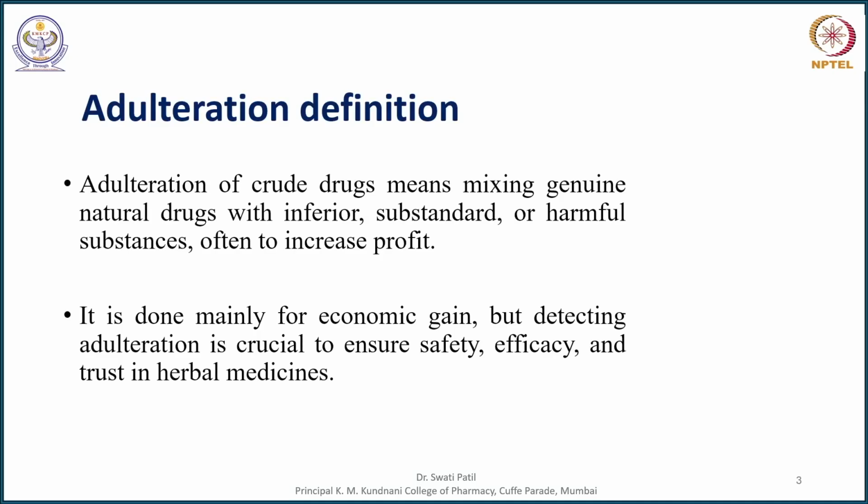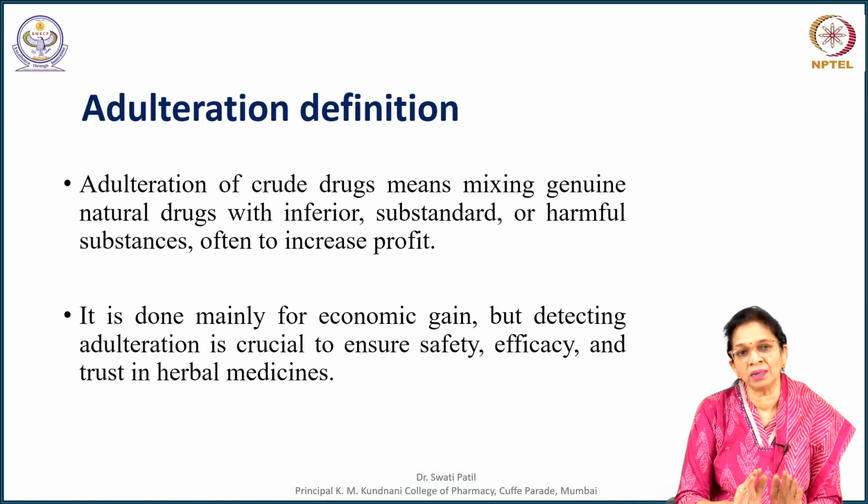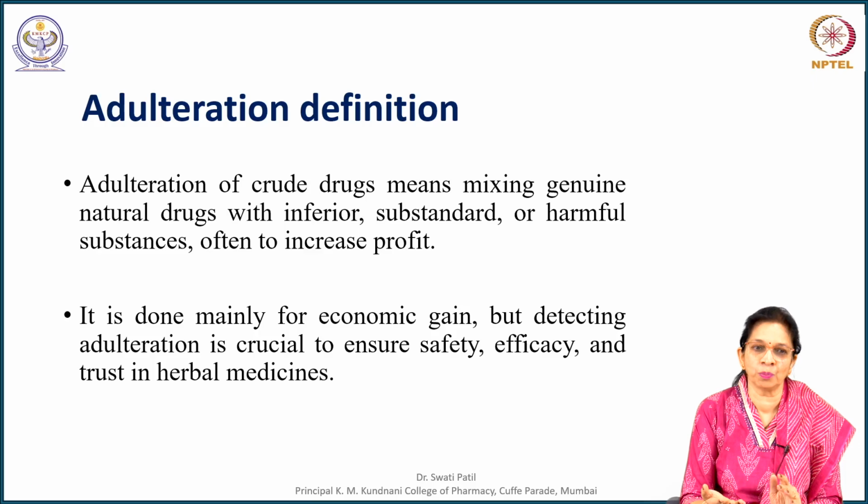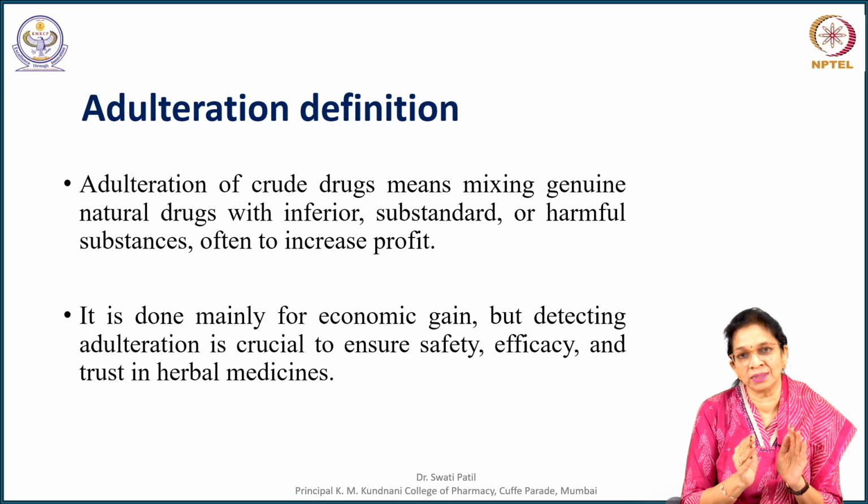Adulteration of crude drugs means mixing a genuine natural drug with inferior, substandard or harmful substances, often used to increase profit. What does a genuine natural drug mean? A genuine natural drug is a herb or a part of the herb.